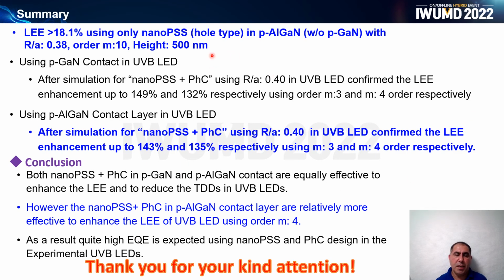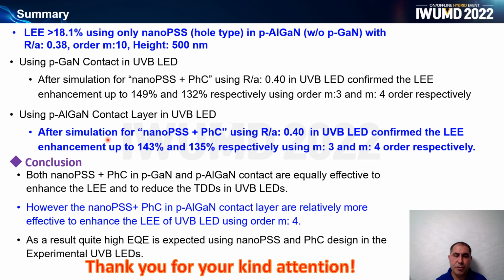And let me summarize my talk. LE was enhanced around 18% using only nanoPSS without PHC, and also using p-AlGaN and without the p-GaN contact layer. So with the p-AlGaN contact layer and only nanoPSS without the PHC structure, we can get 18% enhancement.